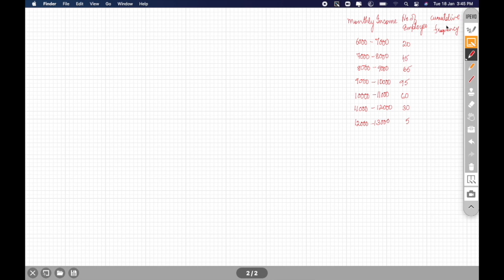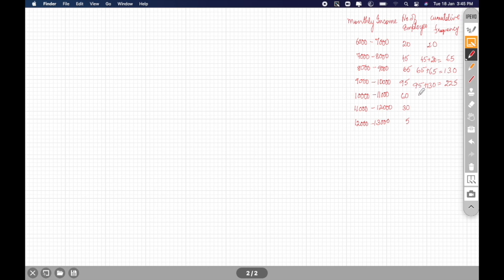Now we have to prepare the cumulative frequency column here. The first value will remain as 20. Next 45 plus 20 gives us 65. Then 65 plus 65 gives us 130. Then 95 plus 130 gives us 225.